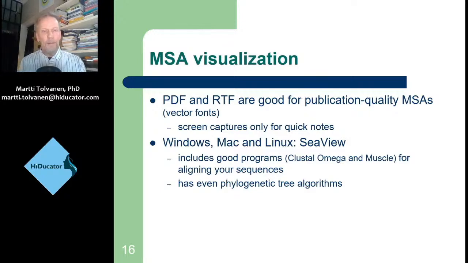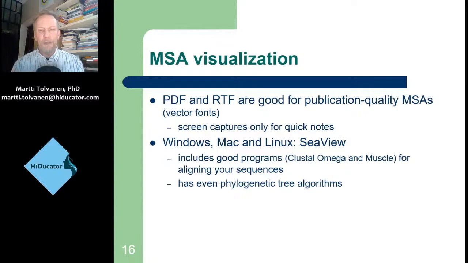Now, regarding the visualization of your MSAs, if you want to include example alignments in your thesis or for a publication, it has to be of a good quality. Screen prints are not that nice, so you need to have vector fonts, something that produces a rich text format file or a PDF.